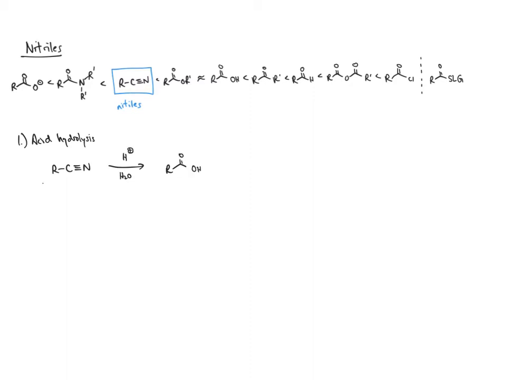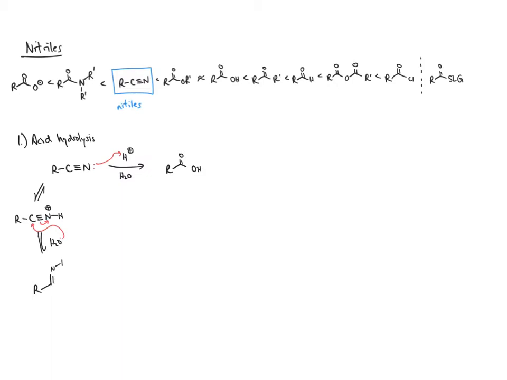All right, so how does this work? Well, the first thing that happens is we're going to protonate the nitrogen atom of the nitrile, and that's really going to activate the carbon for nucleophilic attack. And so we have a really, really electrophilic carbon center, and it's going to be attacked by water.